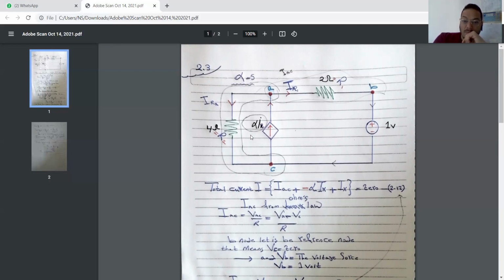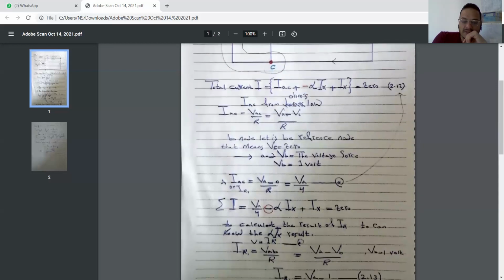After that, minus alpha IR1 plus IX. IX, or we can say I sub R1. The author used these letters, IX, but I prefer to use IR1. That will be clearer to me. Let's keep going.